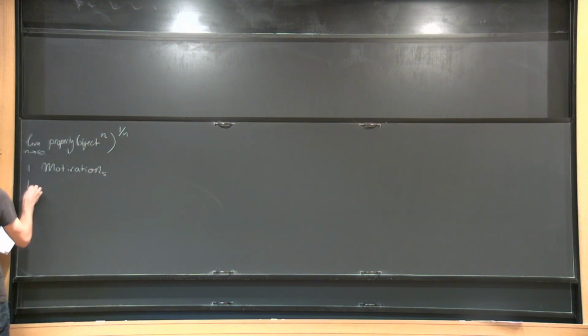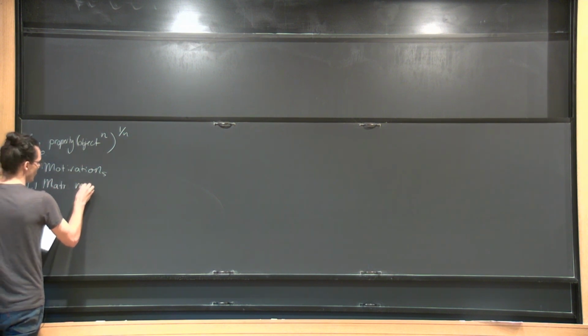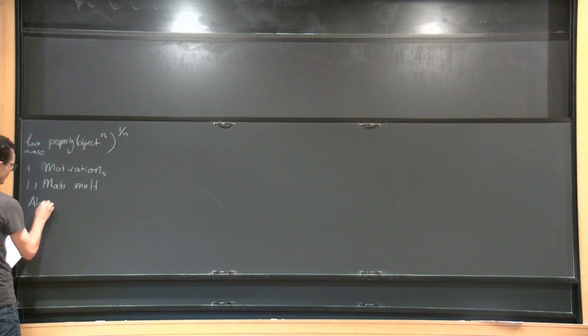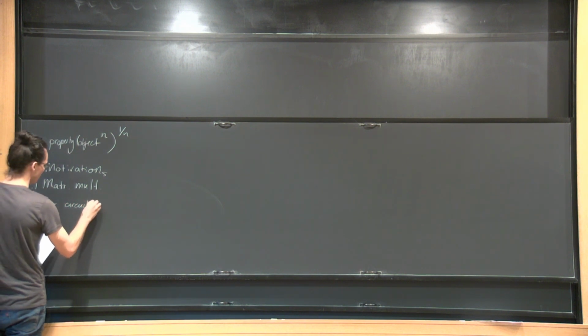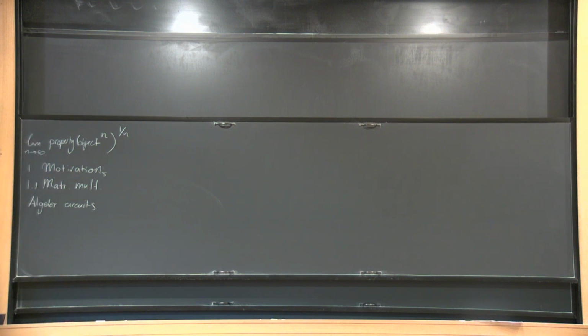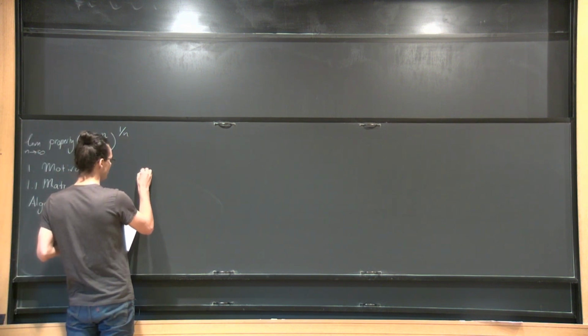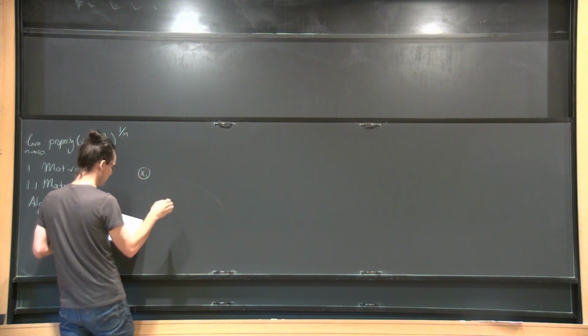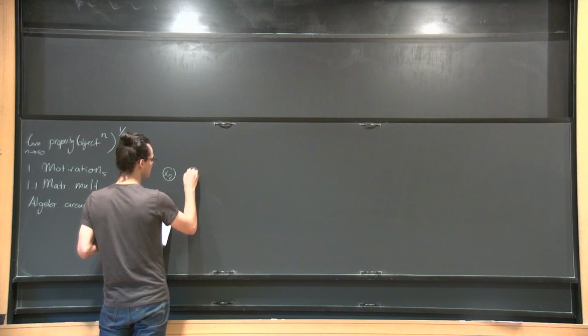All right. So I want to start by talking about algebraic circuits. So an algebraic circuit is something of the following form. We have some variables and some constants.